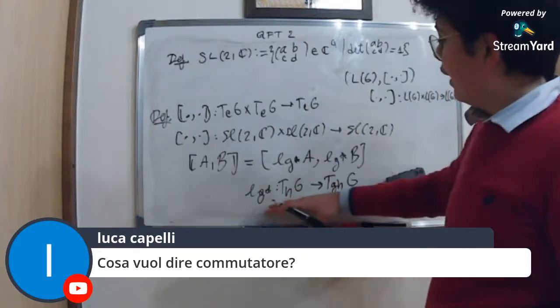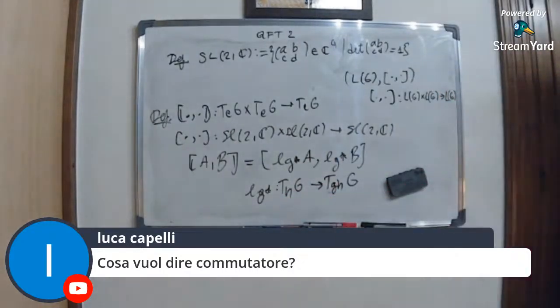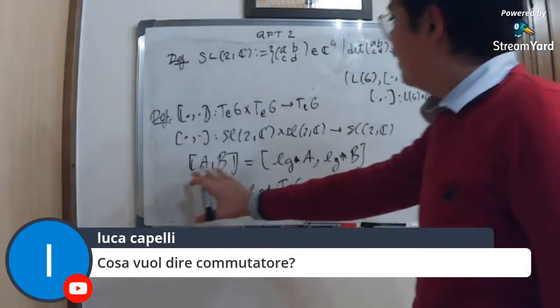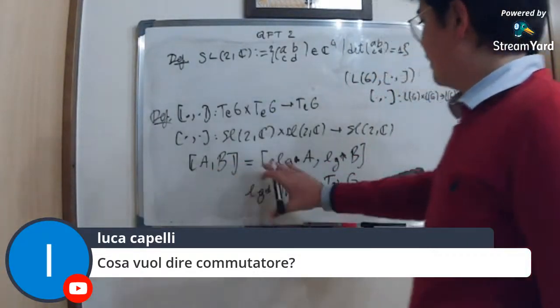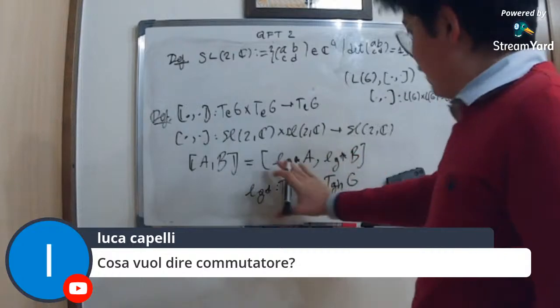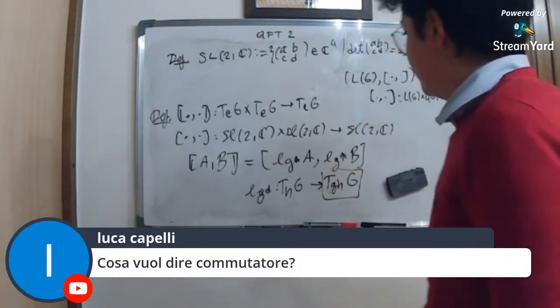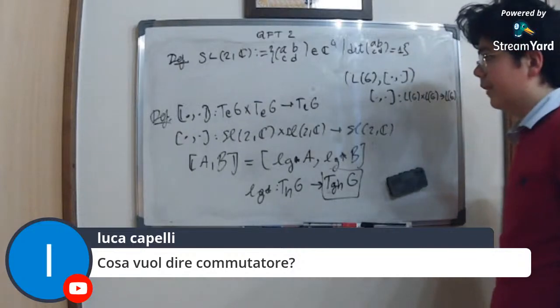So I have the tangent space to the element H over the manifold, and the commutator is equal to this commutator. Effectively, this is an isomorphism in a tangent space. Okay, perfect.